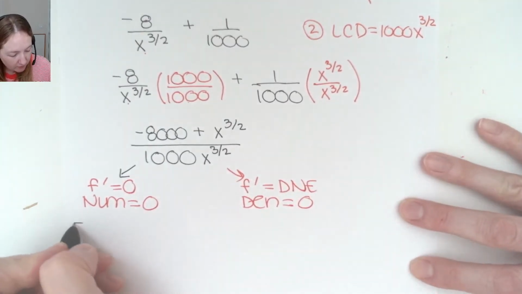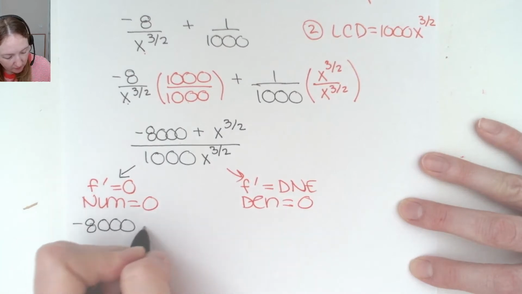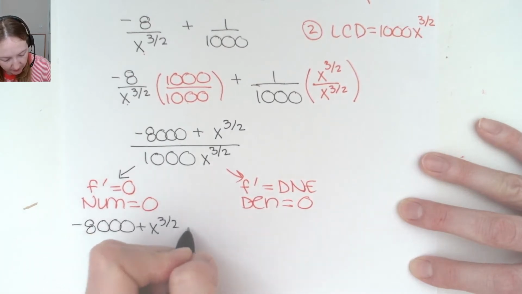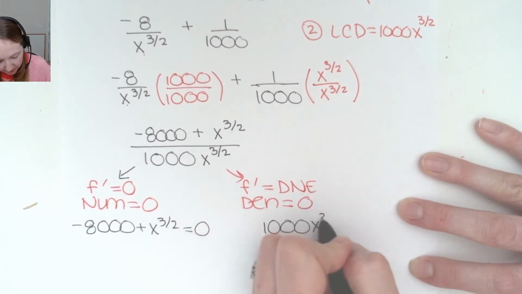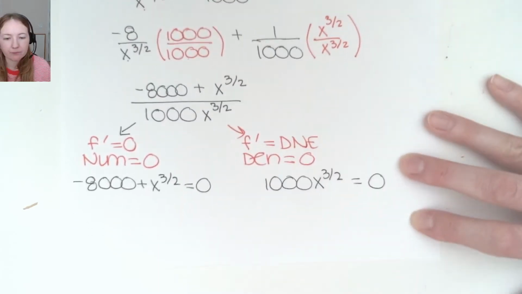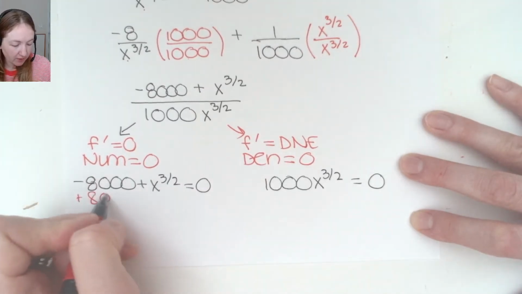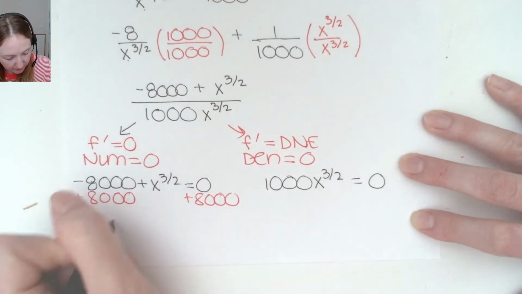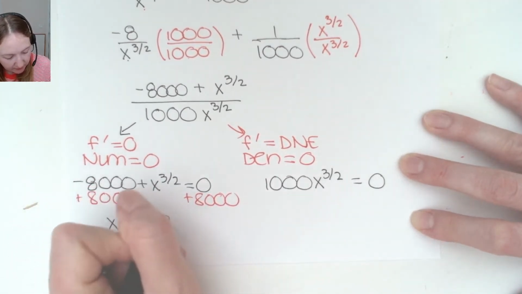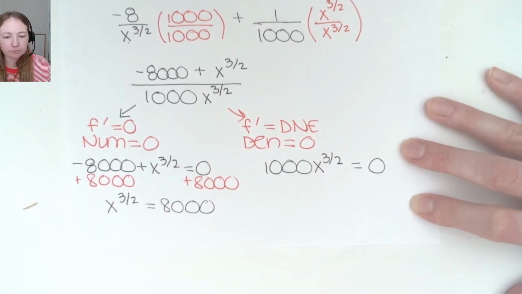This would give me negative 8,000 plus x to the 3/2 equal to 0, and over here I would have 1,000 x to the 3/2 equal to 0. Solving the first equation, I'm going to undo PEMDAS, so I add 8,000 on both sides. That gives us x to the 3/2 equal to 8,000.